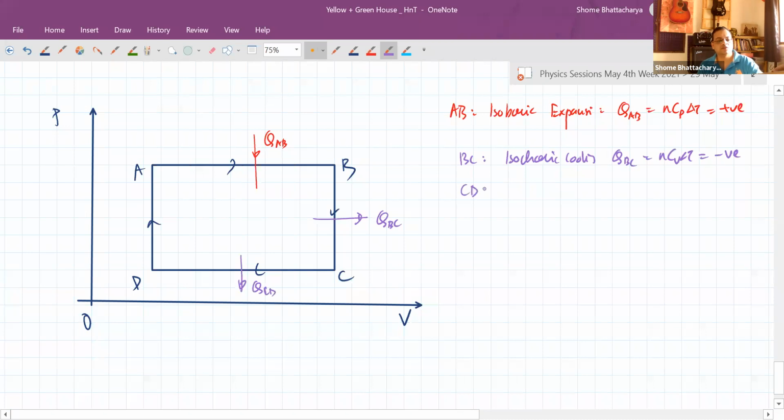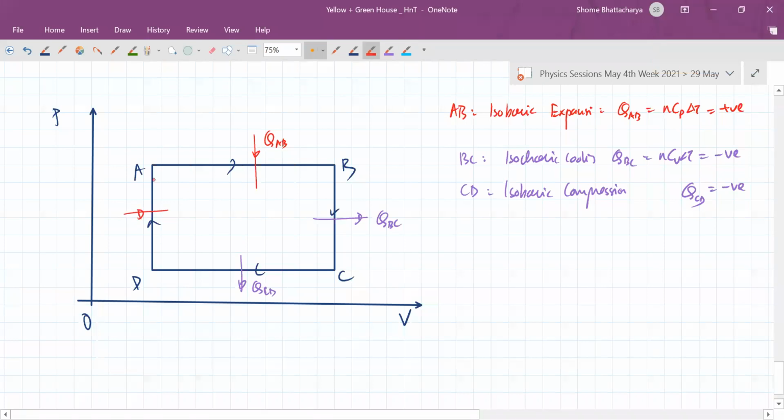So CD will also be one where Q will be negative because this is an isobaric compression now. But during DA, again, heat is supplied to the gas because temperature is increasing.